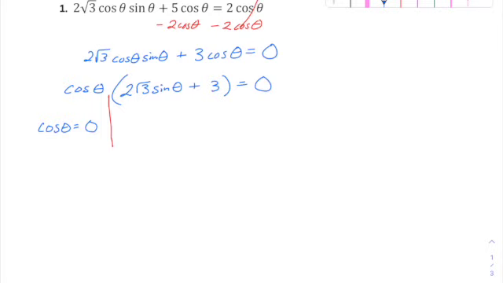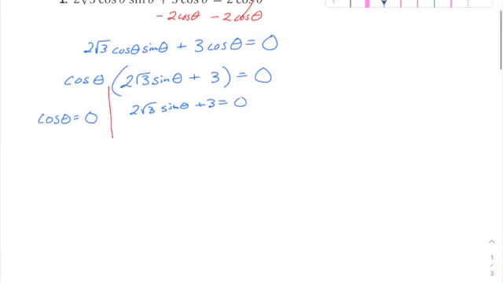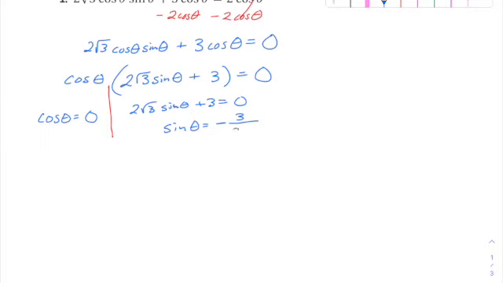And when we set this second factor equal to 0, right, it's a little bit weirder looking, but you're going to subtract 3 and divide by 2 root 3. So you're going to have negative 3 divided by 2 root 3, and that doesn't look super familiar at this point, but after you rationalize, hopefully it will.